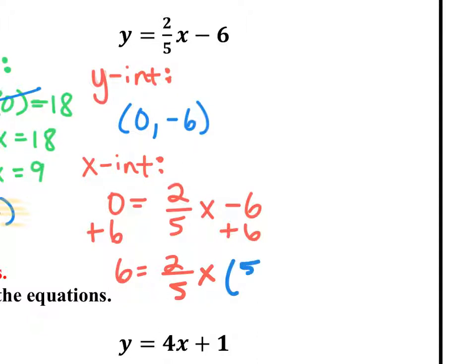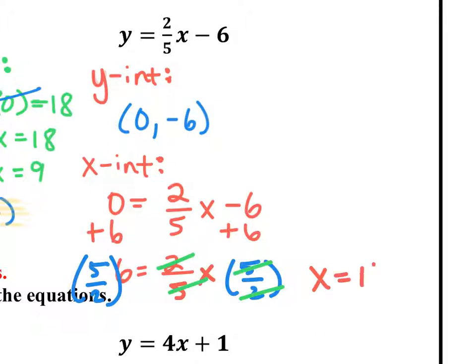So I'm going to multiply both sides by 5/2, which on the right-hand side would multiply across to 10 over 10, which is just 1, so it goes away. 6 times 5 is 30. 30 divided by 2 is 15. So x is equal to 15, and then write your final answer as a point, please. 15, comma 0.